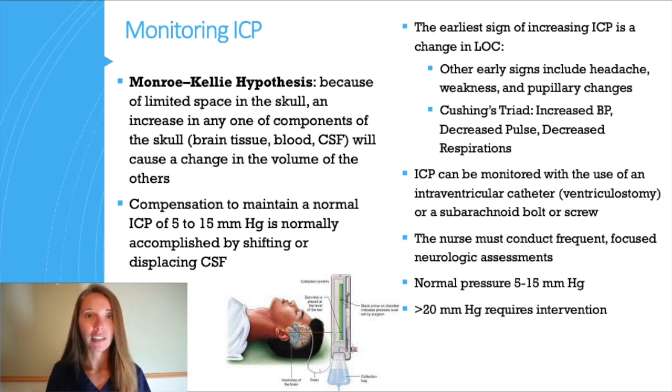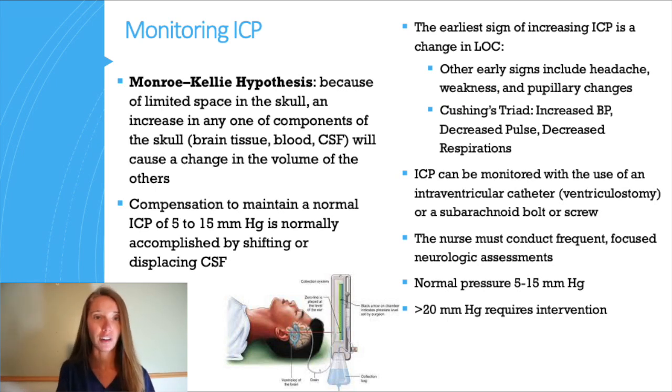If the intracranial pressure continues to increase and that pressure is not relieved, in other words, we don't decompress the skull or insert a drain to relieve the excess bleeding or swelling or cerebrospinal fluid, something has to give.